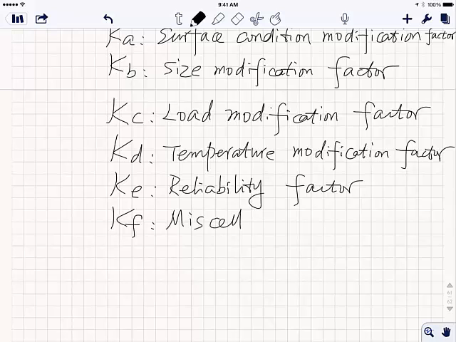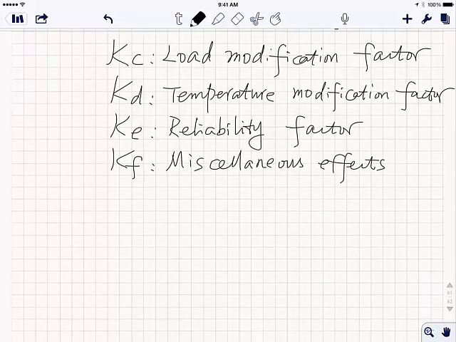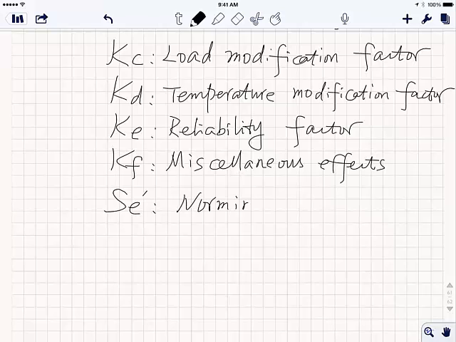And of course, this SE prime is the nominal endurance limit, or in other words, you can call it the theoretical endurance limit.